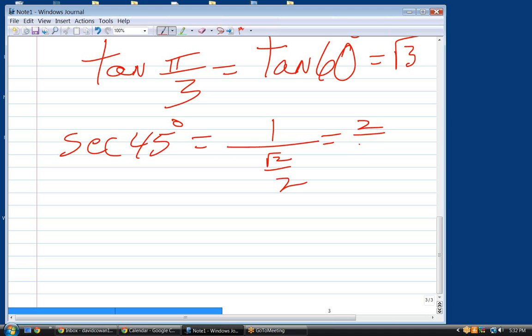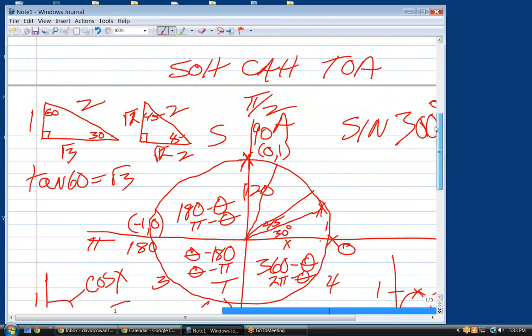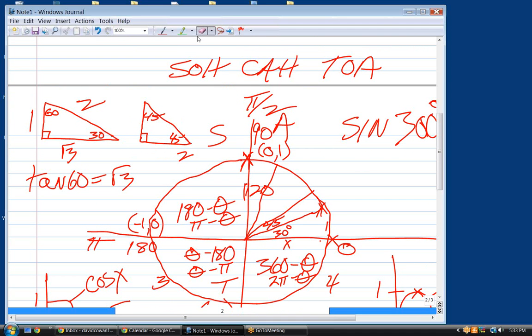Which means it's 2 over root 2, so it's going to be root 2. Which you get directly if you do mine. Mine is root 2 over 1.